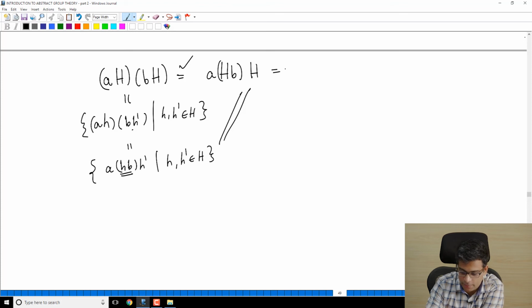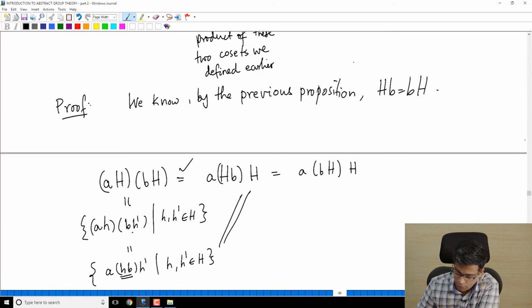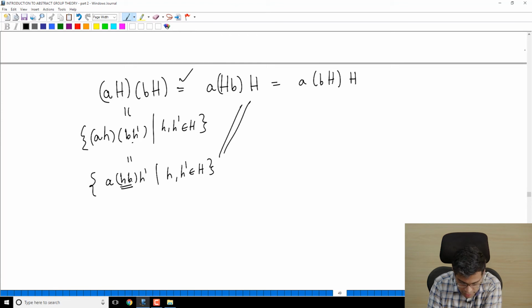But now by the same associativity, first of all, use the property that I said earlier, HB equals BH. So I can interchange. Remember, I cannot interchange B and small h, but hB equals some B h double prime. So that B h double prime will come here.